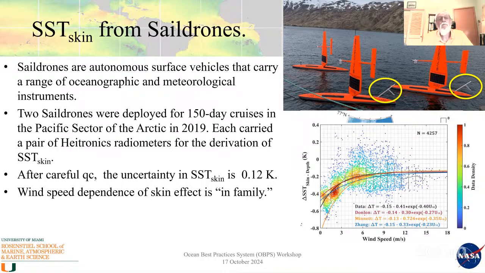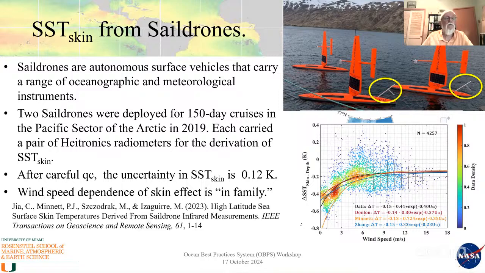And the wind speed dependence from the sail drones is in family. And if you look at the high wind speed intercept, all of the parameterizations derived from different data sets, including the sail drones, are within 20 millikelvin. And that is, again, truly remarkable. And that's written up in this paper by Chong.